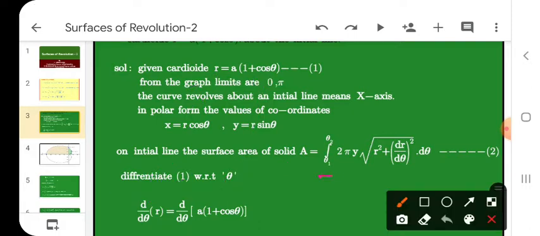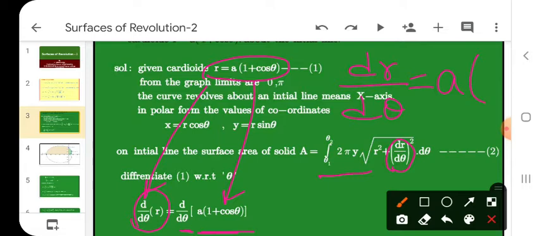We know all the values except dr by d theta, so I am going to find dr by d theta. It means differentiate r with respect to theta. What is r? From equation 1, r equals a into 1 plus cos theta. So dr by d theta equals d by d theta of a into 1 plus cos theta. In the RHS a is constant, so I write a.